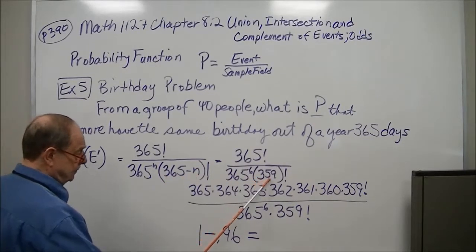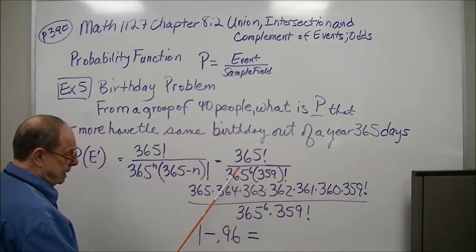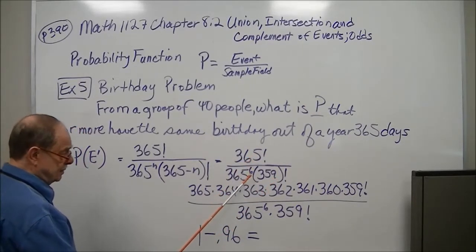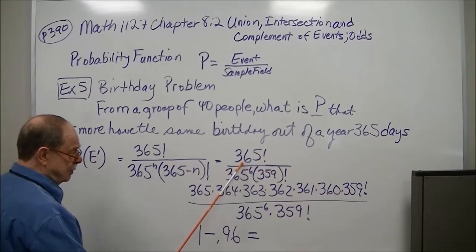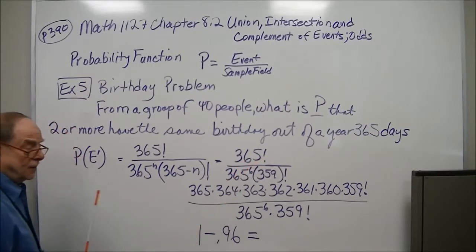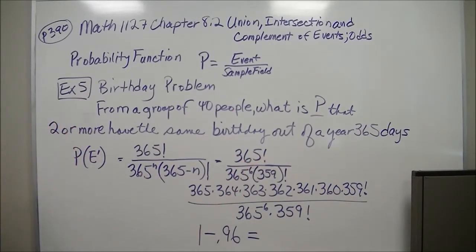That'll give you 359. Now, if you put this into your average calculator, raising something to such a large factorial is beyond the ability of the calculator.